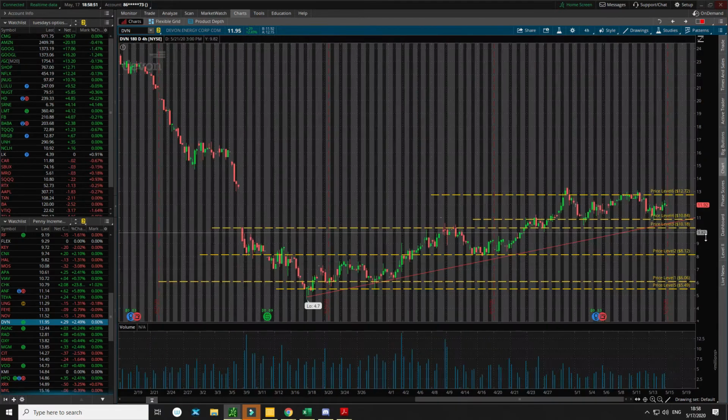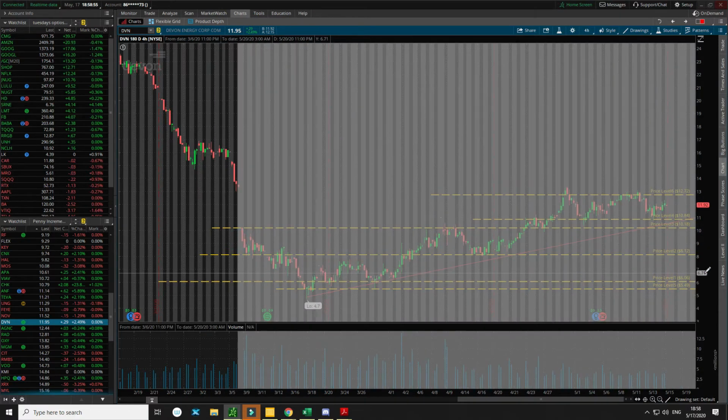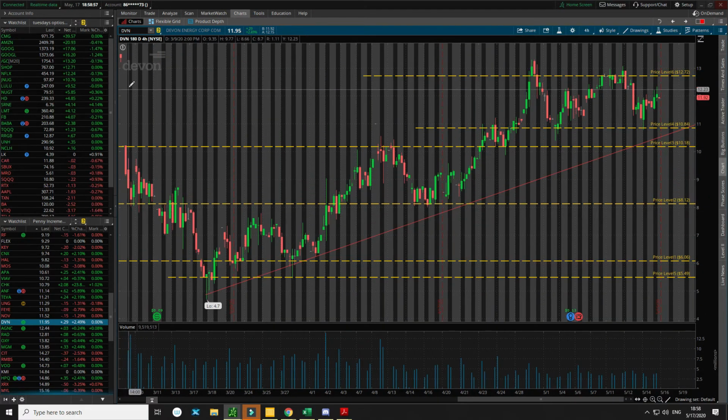So let's look at the 180-day 4-hour. So you can clearly see that there's that fall off from up here from the coronavirus, and it tried to hold at the support here, but it just couldn't, and gapped down.